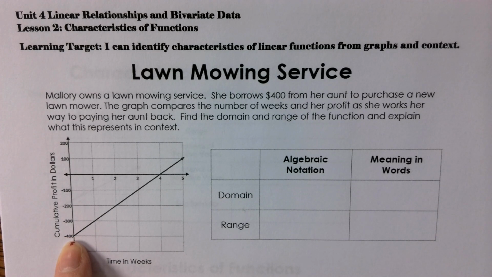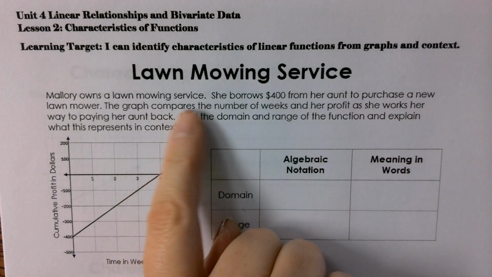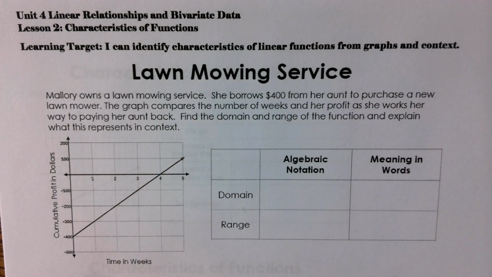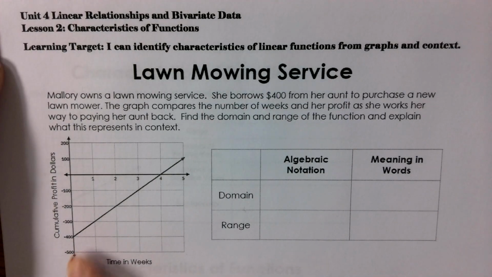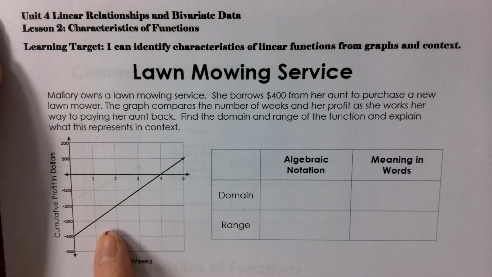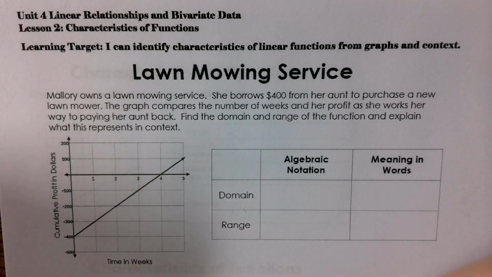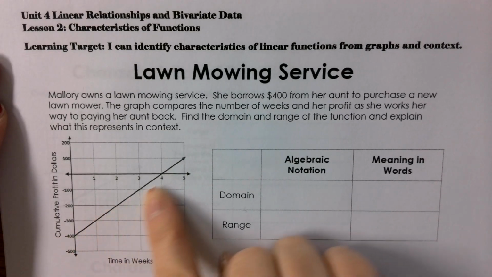Okay, so she is in debt right now, starting at negative $400 at the beginning of her time frame. And then it says the graph is going to compare the number of weeks and her profit as she works her way to paying her aunt back. So every week that she works and mows lawns, she's earning money and is able to pay her aunt back until we get to 4 weeks.